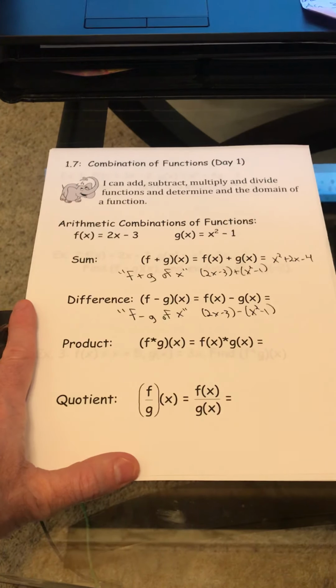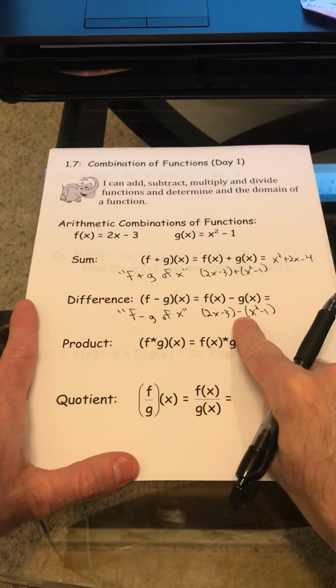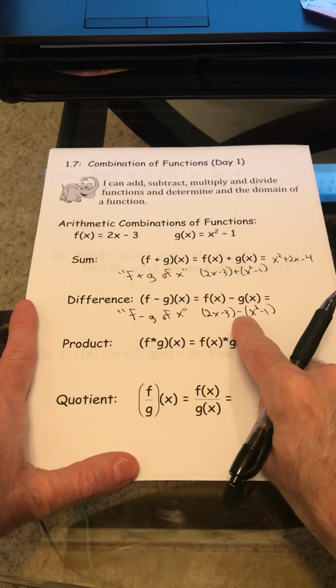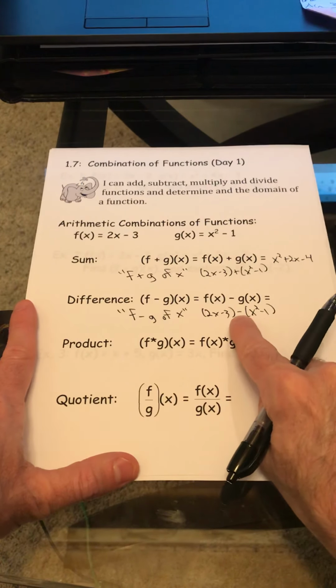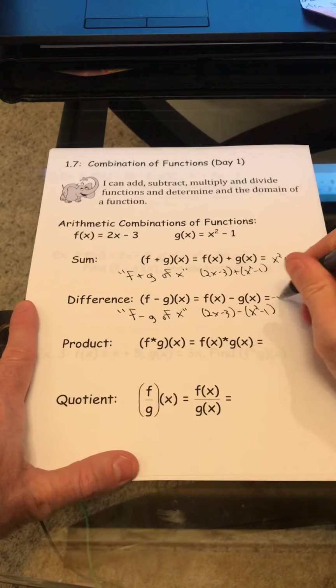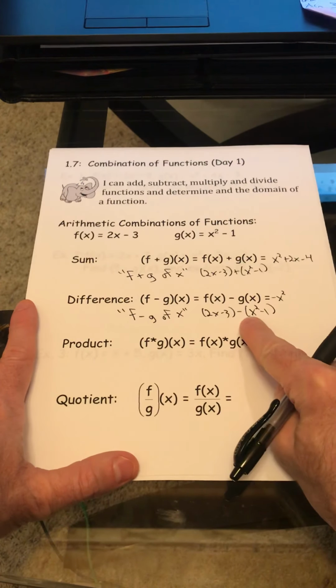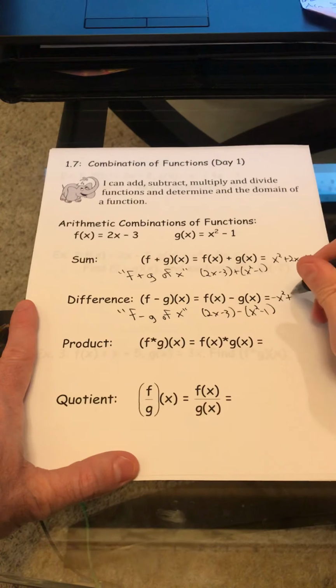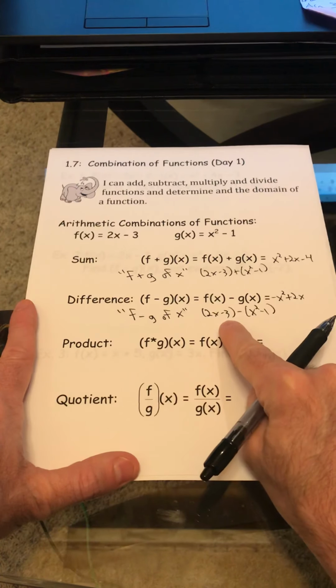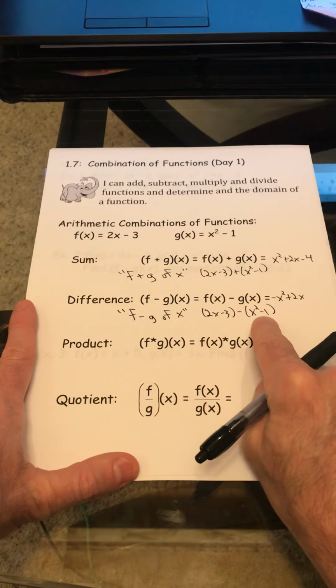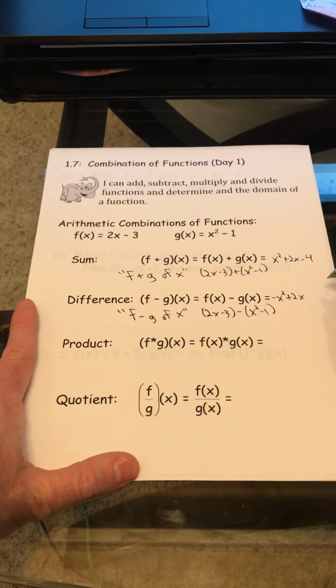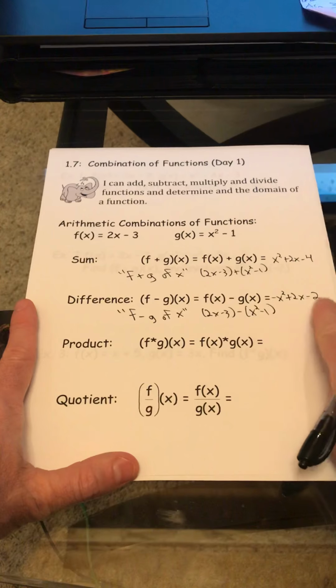Now, the reason I actually like using the parentheses is it helps you remember, yes, we do have to distribute the negative. So subtracting will start us with the negative x squared plus 2x, and then negative 3 minus negative 1 becomes addition, so that will be minus 2 again. That won't factor anyway, don't worry about trying.